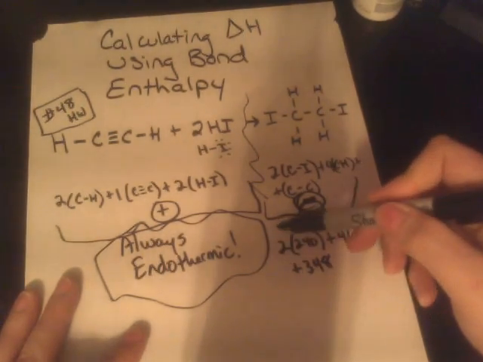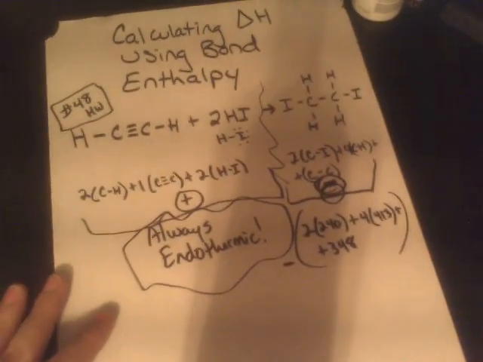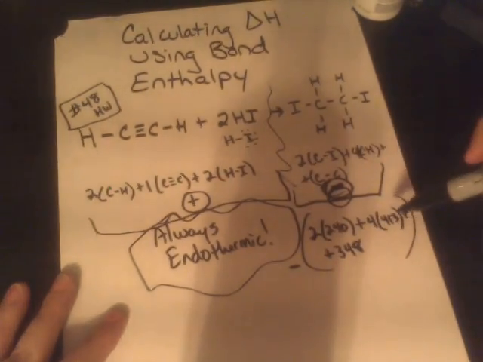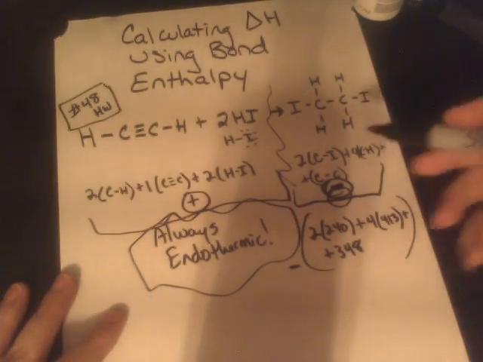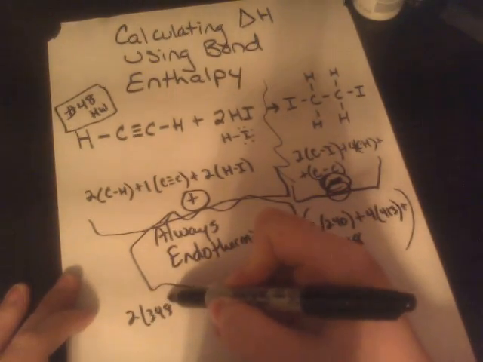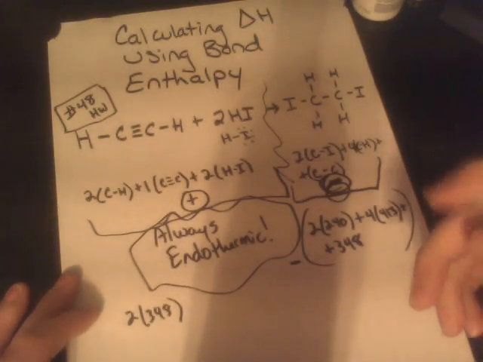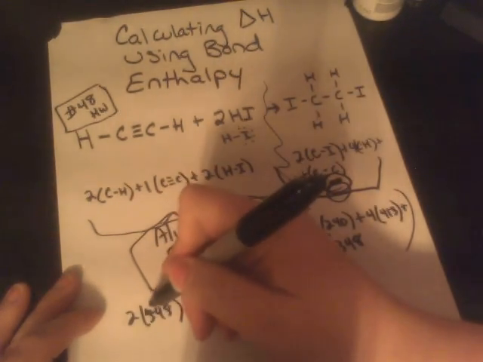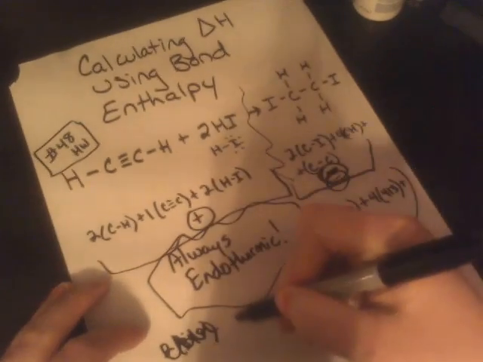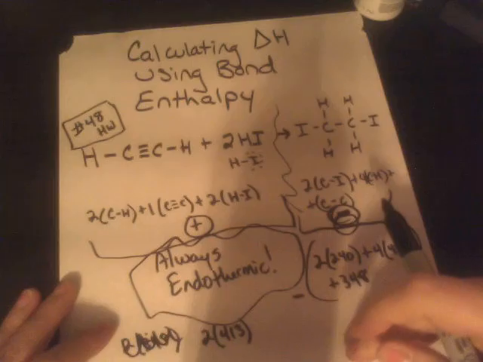So this is going to be my negative side, and my positive side is going to be 2 times the C-H's, which is 2 times 348. Oh, sorry, that's 2 times 413. See, we all make mistakes. 2 times 413 for the C-H bonds.